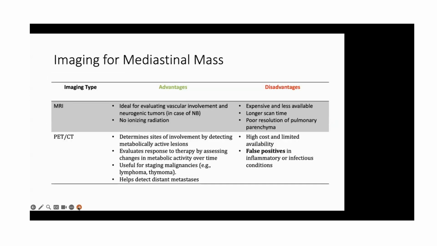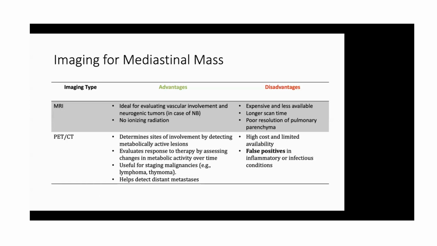So now it's the turn for PET-CT. We are doing the PET-CT whenever we already know the diagnosis. We're not doing the PET-CT to understand the nature of the mass. In most cases, we're obtaining PET-CT for the staging of the disease. PET-CT determines the site of involvement by detecting metabolically active lesions, and I will show this in the next slide.